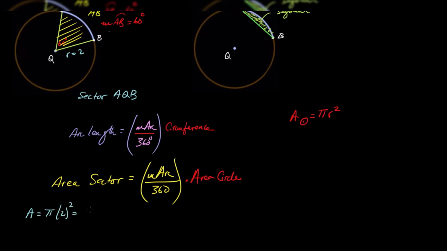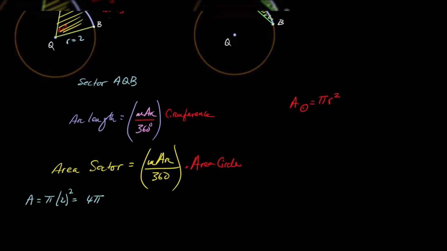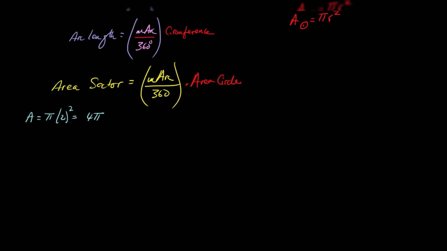The r is 2, that's going to be 4 pi. Then the area of the sector is going to be the fraction. Now we suggested this was a 60-degree angle, right? So the area of the sector is going to be that fraction, the 60 degrees out of the 360 degrees, of the area of the circle, which is pi r squared, which is 4 pi.